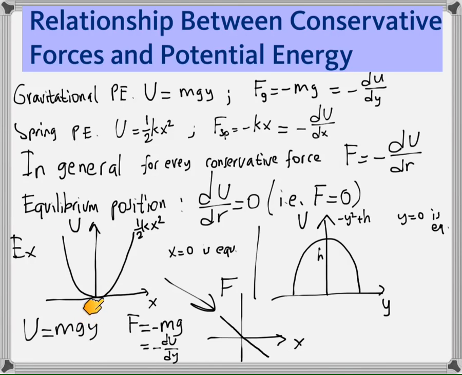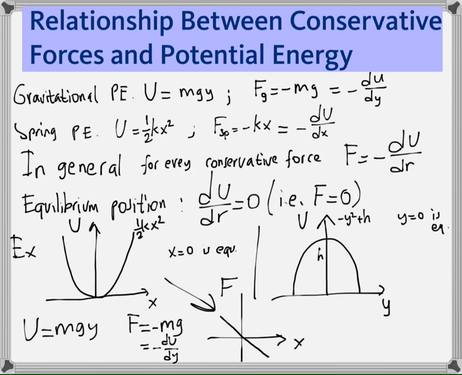Because if you draw a tangent line right at this point, tangent to the 1/2 kx squared, this line is just a parallel line, and the slope of this line is 0. So once you are given a graph of potential with respect to x, we define the equilibrium point as the point where the graph has 0 slope.